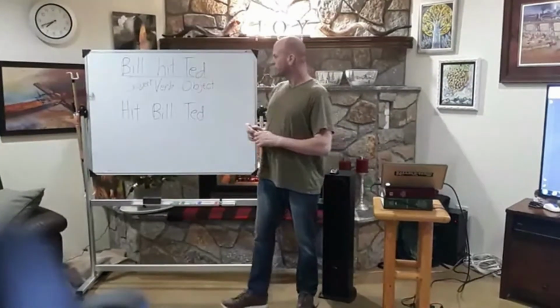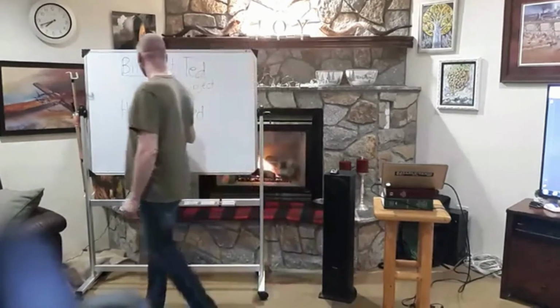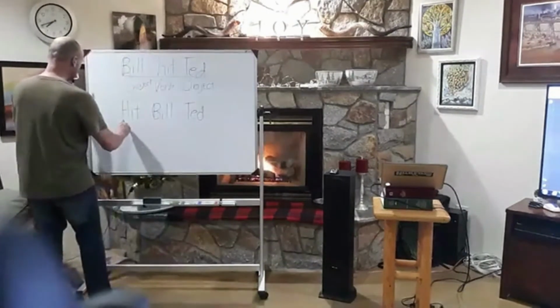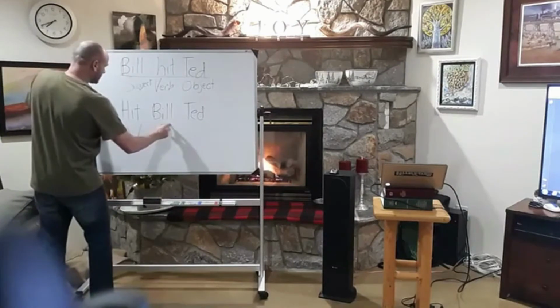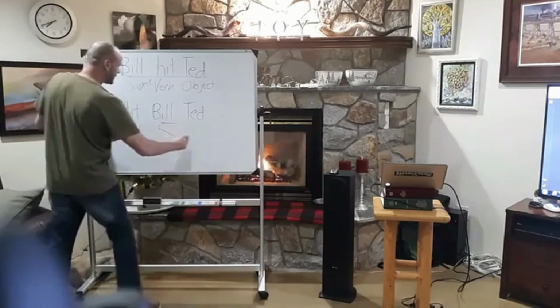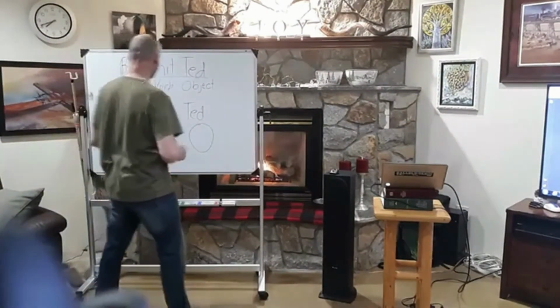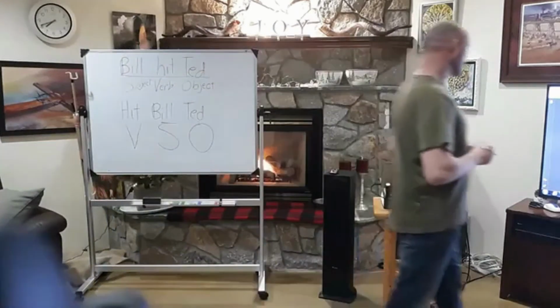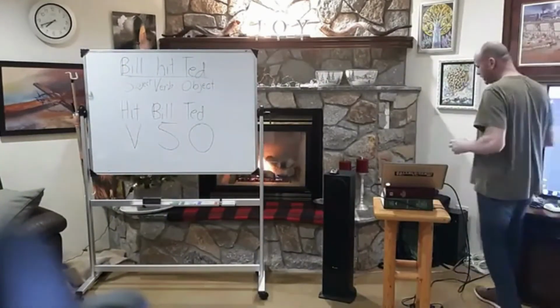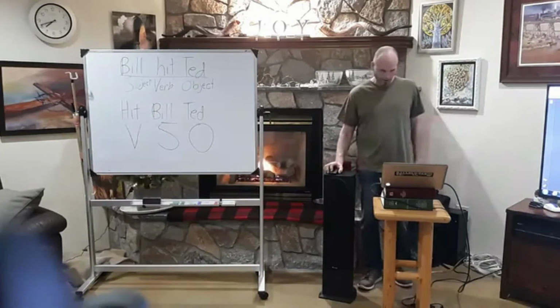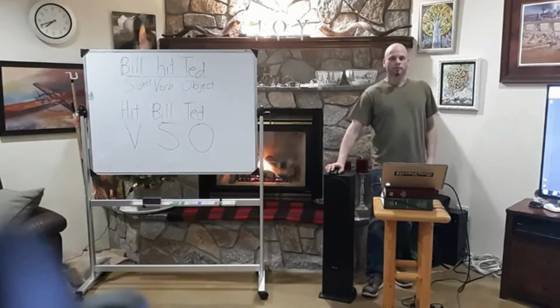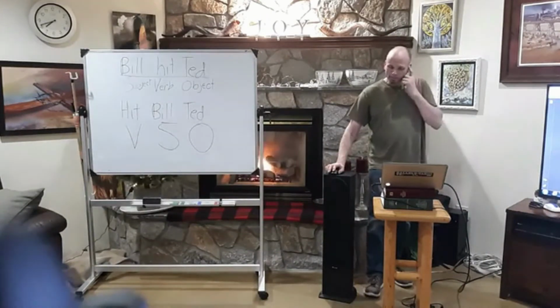So it's really important that in Hebrew we understand viso. Everybody say it again. Viso. Viso. Verb, subject, object. Okay, let's go on to the next page, and that just continues that subject a little bit. What page number? 38.